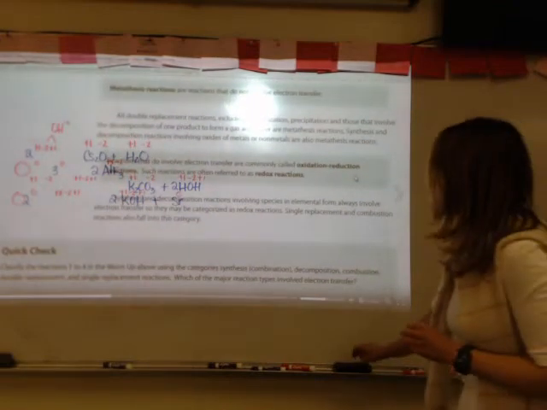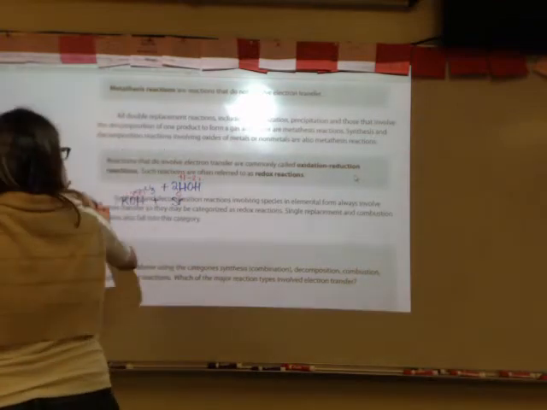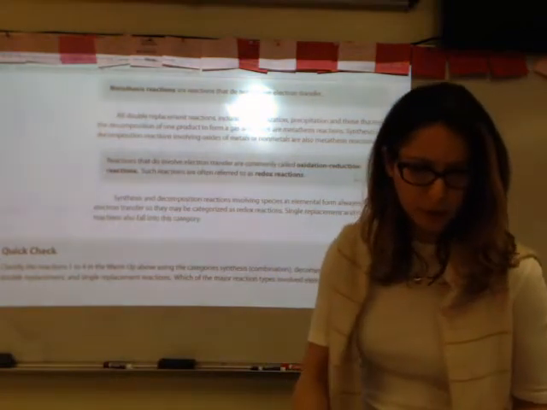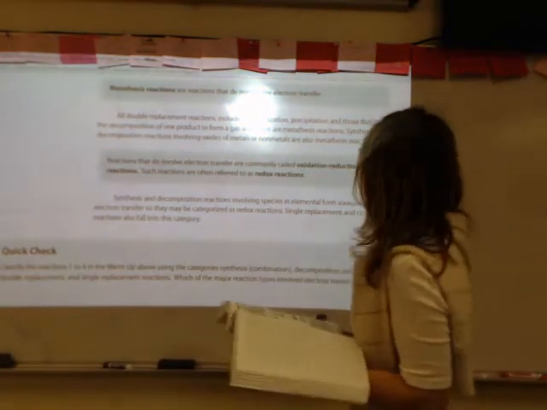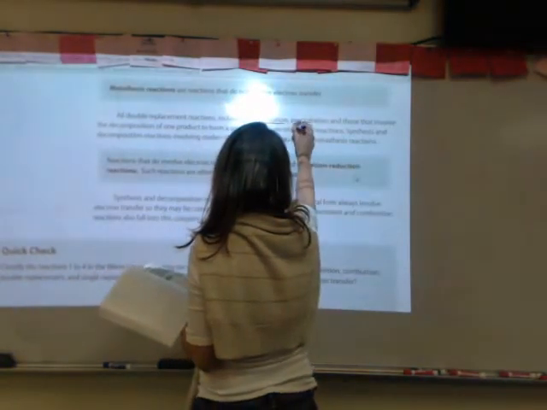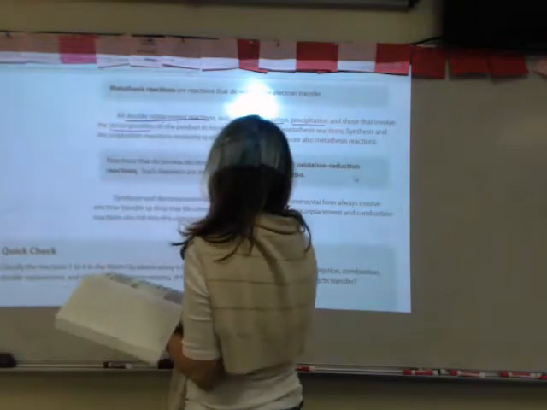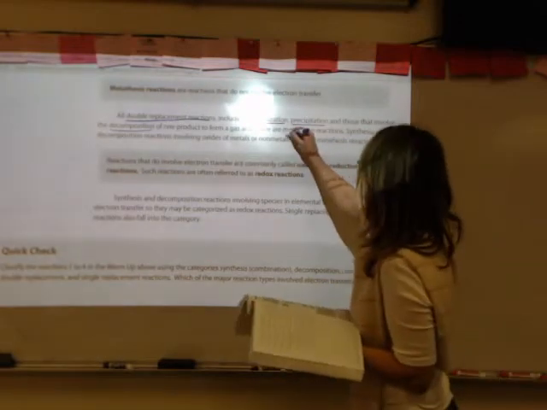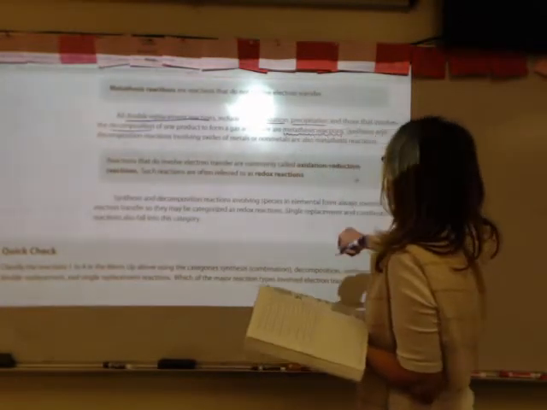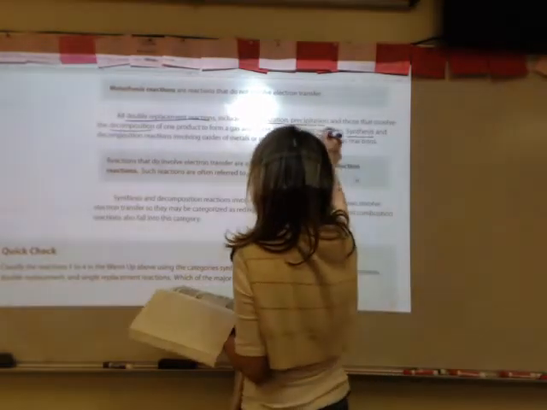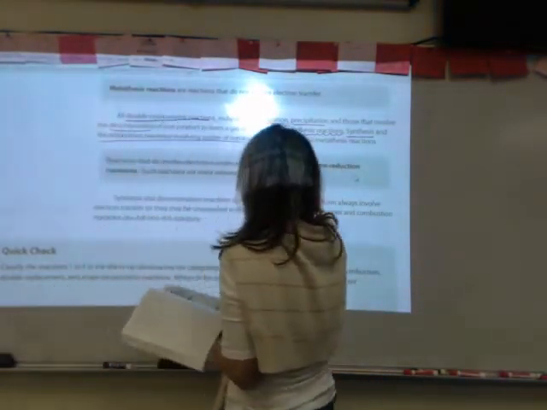All double replacement reactions, including neutralization reactions and precipitation reactions, and decomposition reactions when you're forming a gas and water. These are metathesis reactions. Synthesis and decomposition reactions that involve oxides of metals or nonmetals are also metathesis reactions.